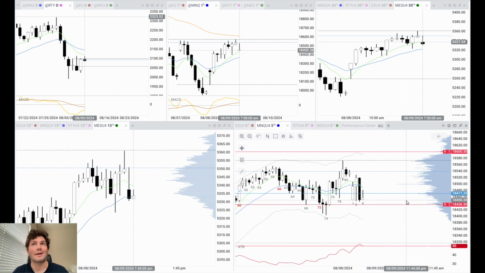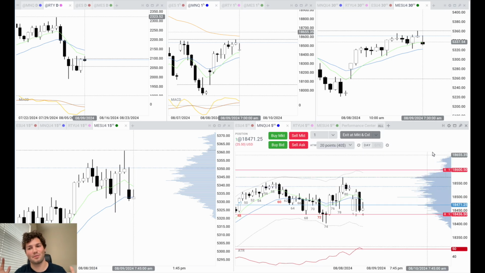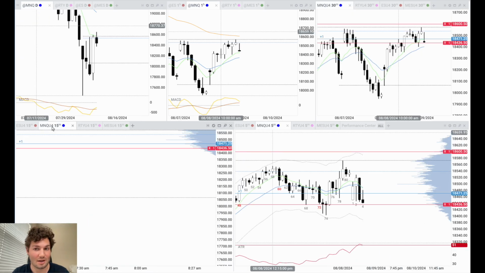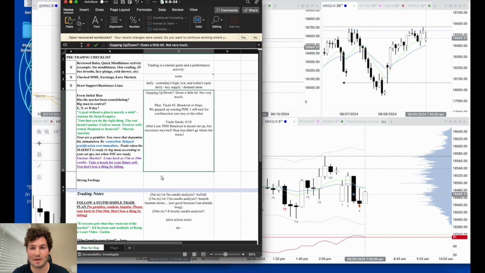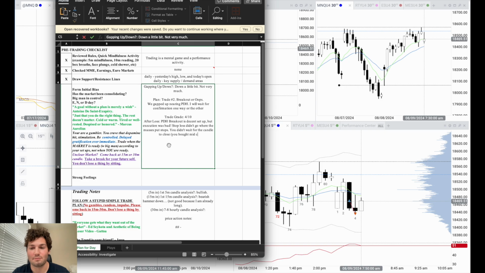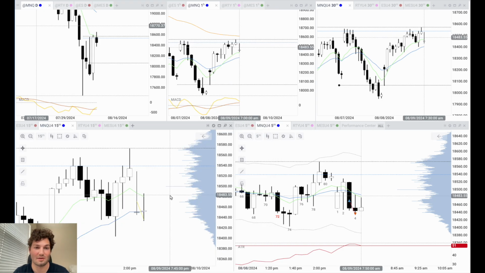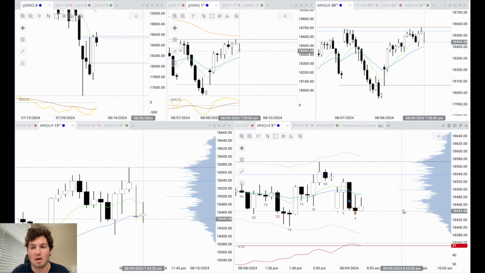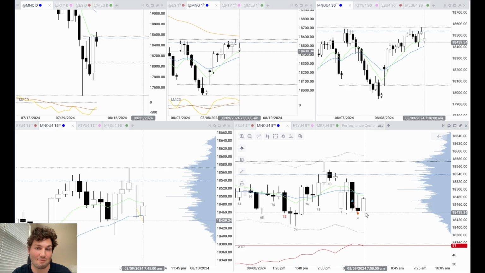I think getting long at the bottom is acceptable because we're still in an uptrend looking at the 30-minute and the hourly, not the daily. It's been holding those levels on the upside, and I think there's reason to expect that we would retest prior day highs. So I'm not upset that I tried to get long.